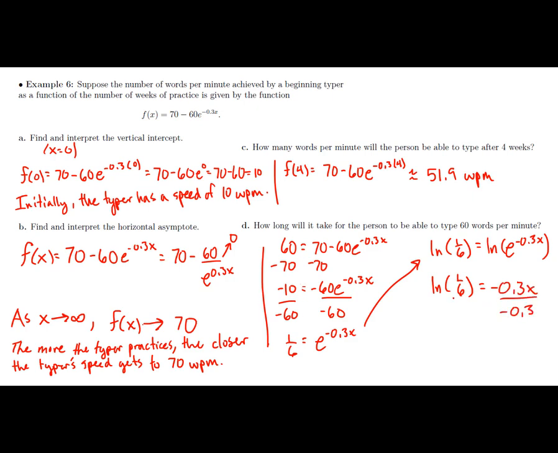And then to finish it out, divide by negative 0.3. When I type this in my calculator, I get about 5.97, so I'm just going to round that to about 6 weeks.